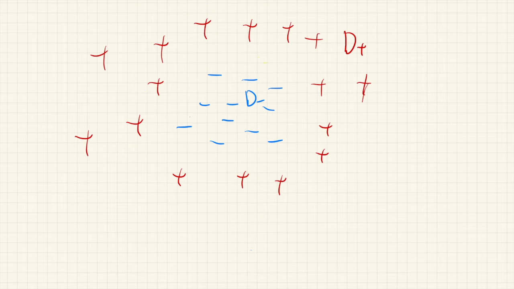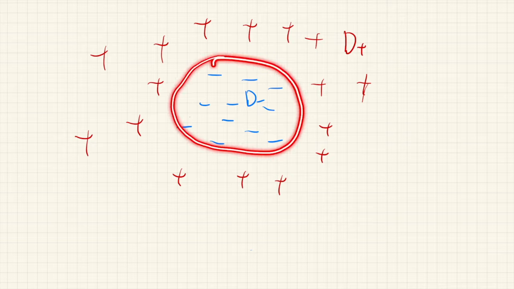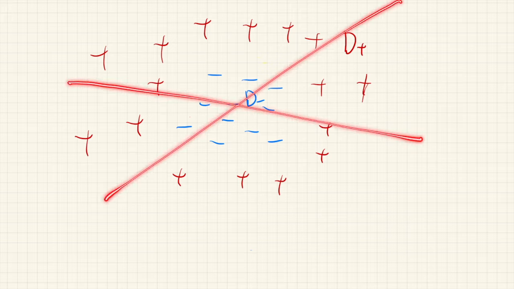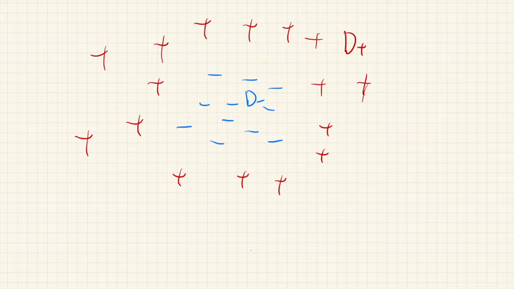Next, consider this example where the points in D minus are surrounded by the points in D plus. In this case, obviously, we cannot separate these two sets by any straight line. So we need something else, for example, a circle or ellipse like this.